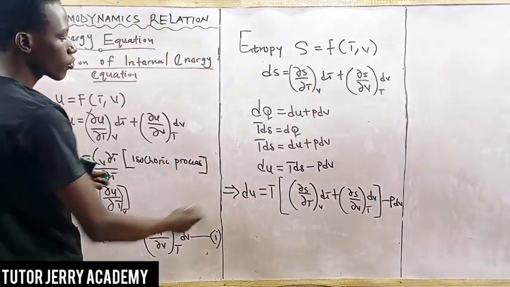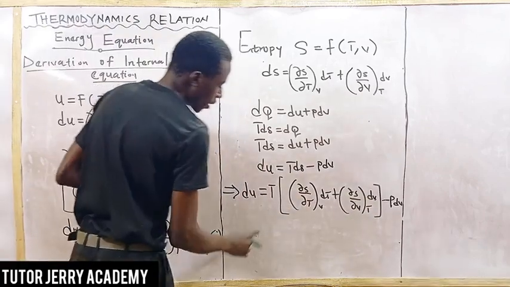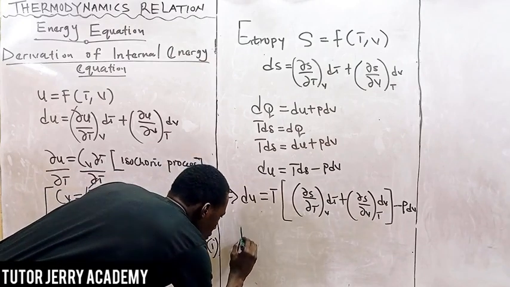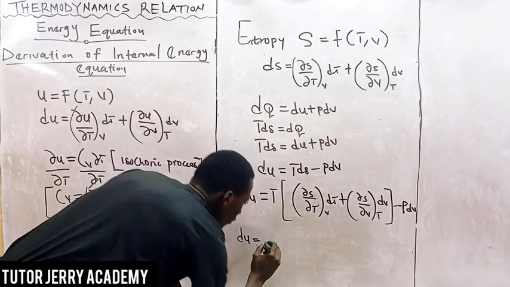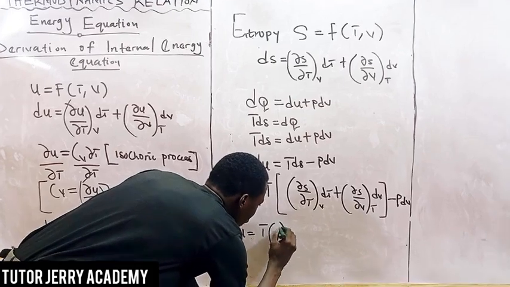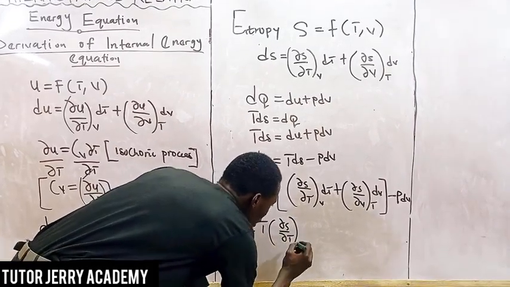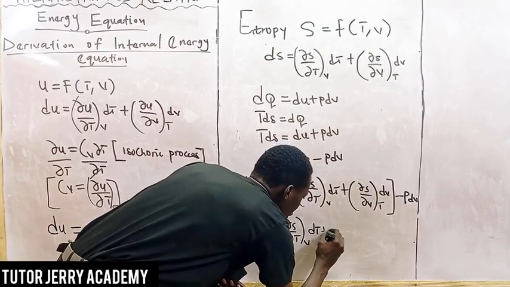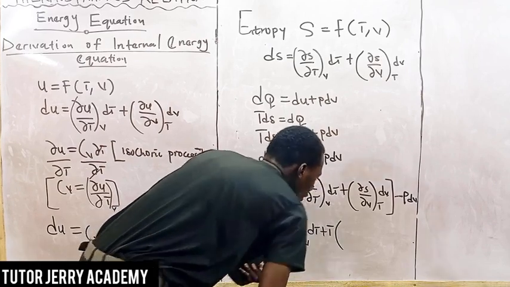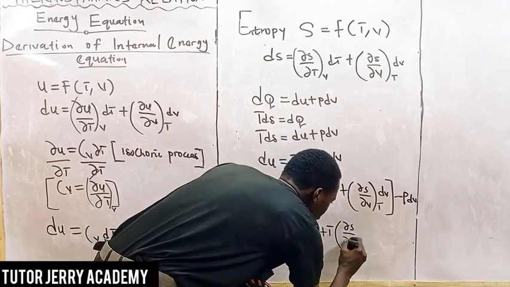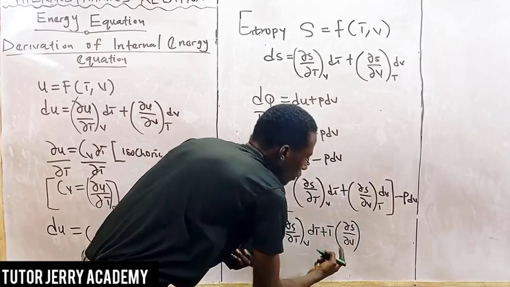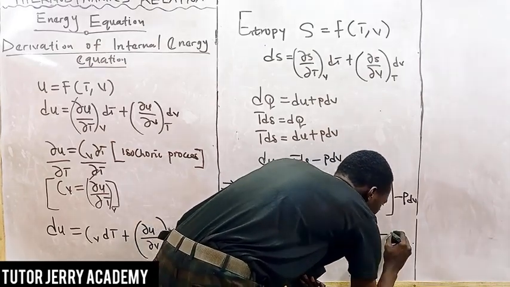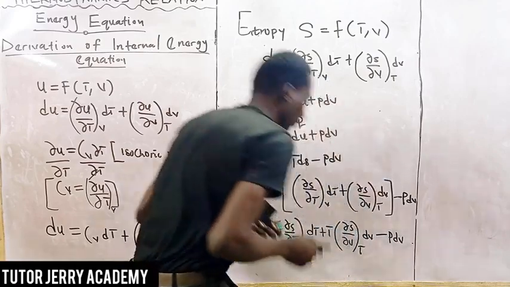Next, we can go further and open this bracket. We multiply through the bracket by T, and we have dU equal to T into the partial derivative of S over the partial derivative of T, keeping V constant, dT, plus T into the partial derivative of S over the partial derivative of V, keeping T constant, dV, minus P dV.